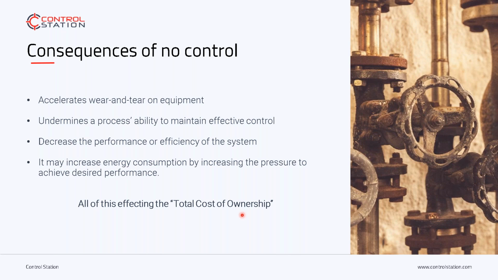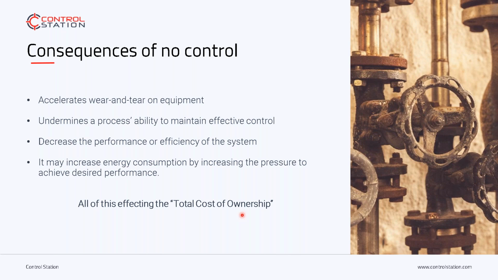You can control your feed flows tighter and decrease your raw material usage. You should have less product variability. So all these things are affected when you have poor control. It comes through with a decreased efficiency of the entire unit or system.